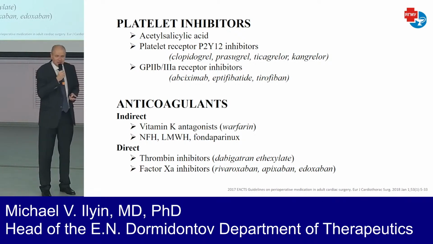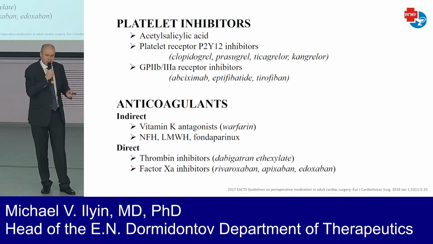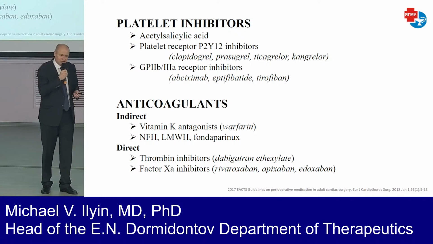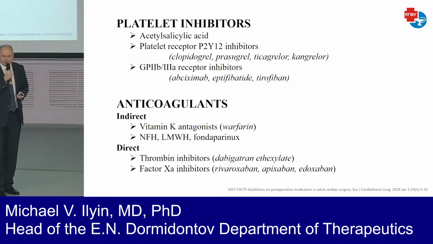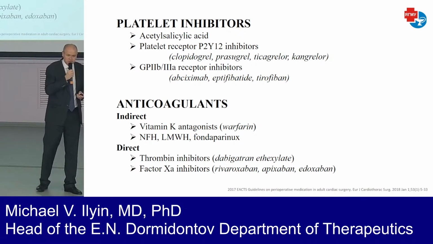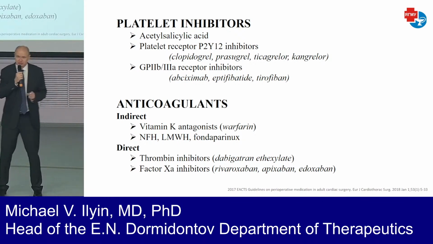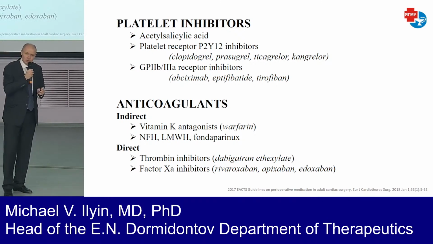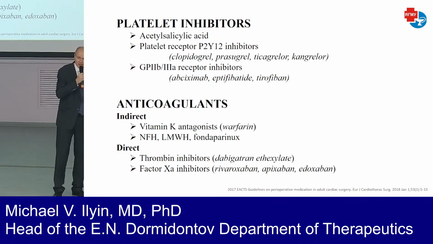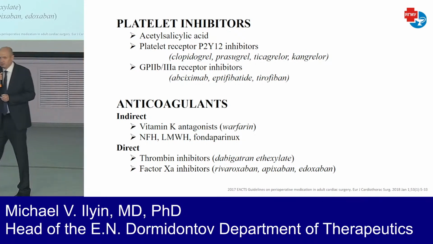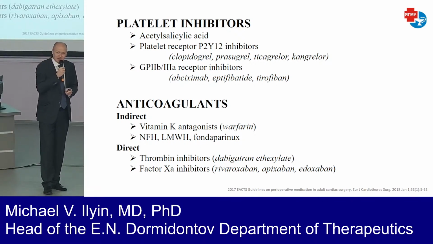And also anticoagulants. They are divided into two parts, indirect and direct. Indirect anticoagulants: vitamin K antagonists, warfarin, and UFH, low molecular weight heparin, and fondaparinux. And the last one has a very specific clinical pharmacology we have to take into account before we prescribe fondaparinux, because there are 17 hours of half-elimination of the drug.